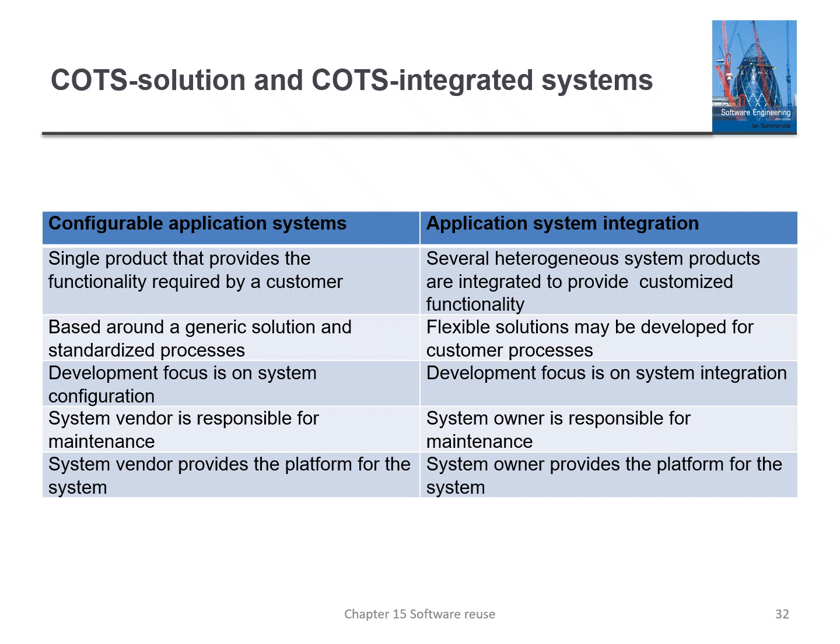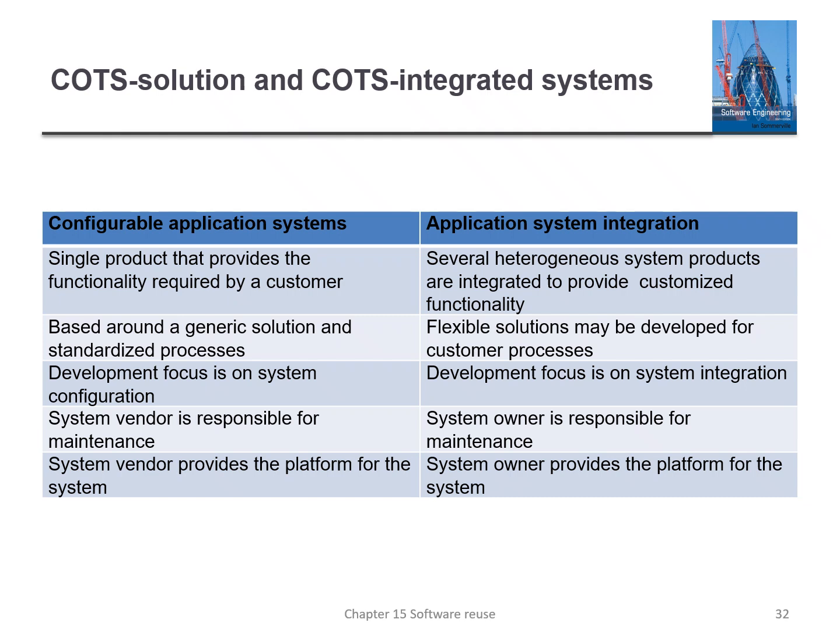For the configurable application system, it provides a generic solution and standardized processes. Very generic and very standardized processes. For example, document management and human resource processes are very standardized, whereas application system integration is a more flexible solution that may be developed for customer processes.